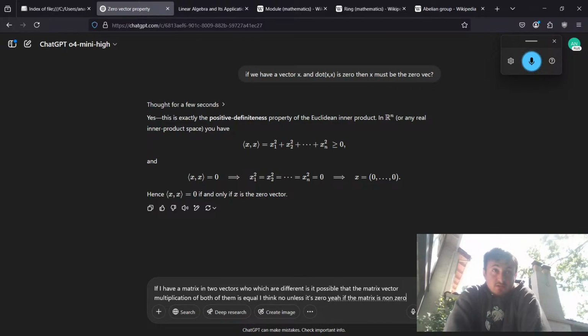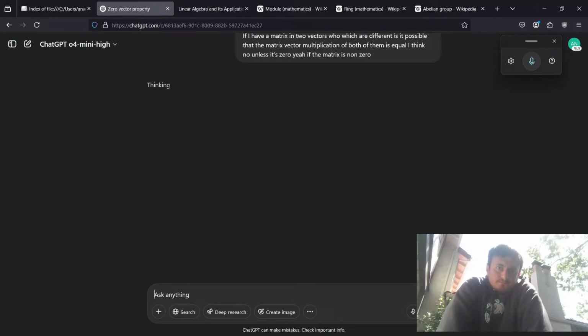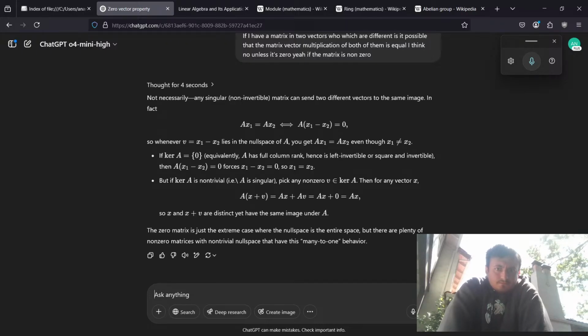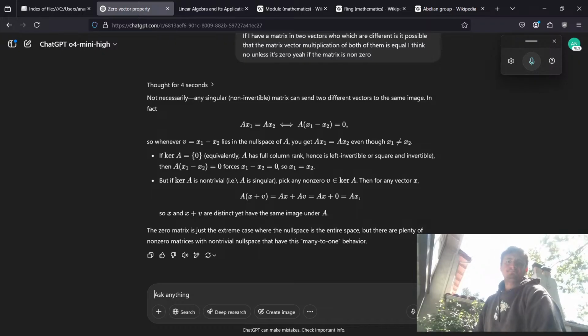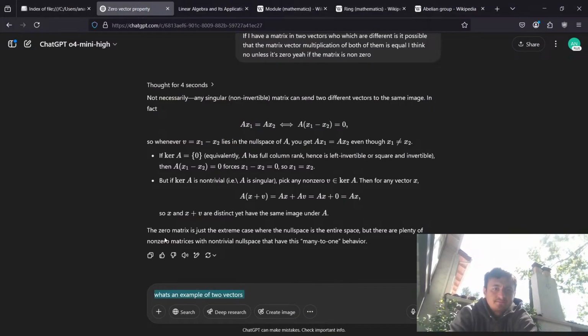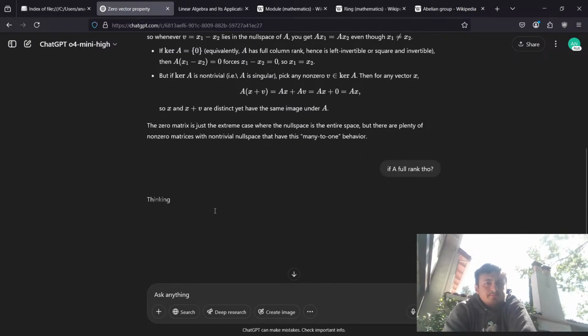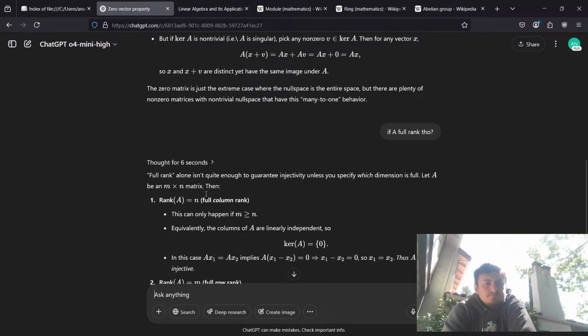Yeah, if the matrix is non-zero. Oh yeah, well that's okay, but if it has full rank, full rank isn't unless you specify which.